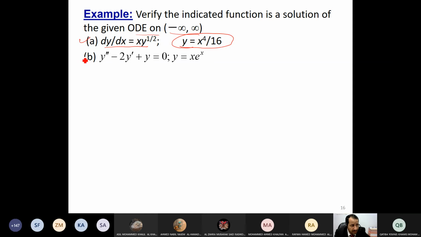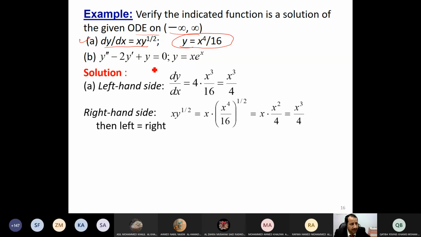I will solve A, B, you will read the solution later on, but let me solve A. Left hand side is this dy over dx. If I differentiate, dy over dx equals 4 x to power 3 over 16.